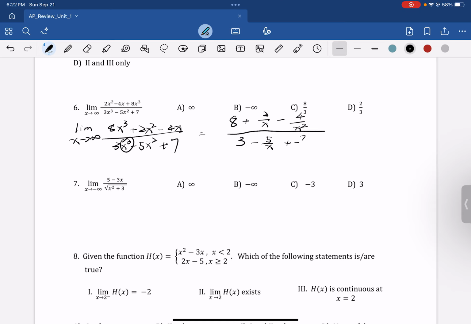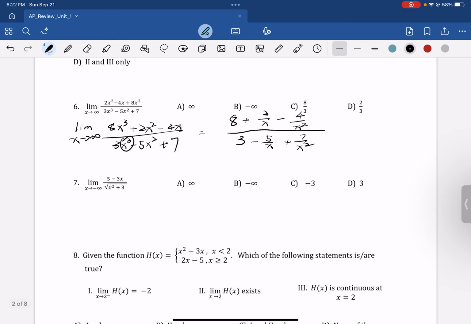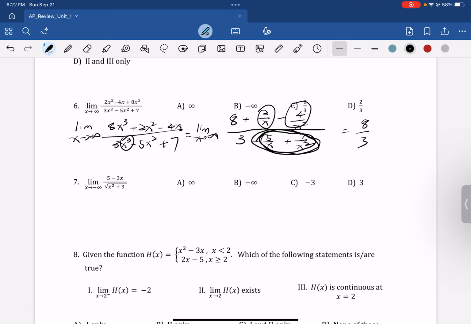Don't forget the limit. Alright. So if x goes to infinity, this one becomes 0, this one becomes 0 as well, and all the terms in the denominator except 3 eventually become 0. So for the final answer, what we got is 8 over 3. So we choose C.